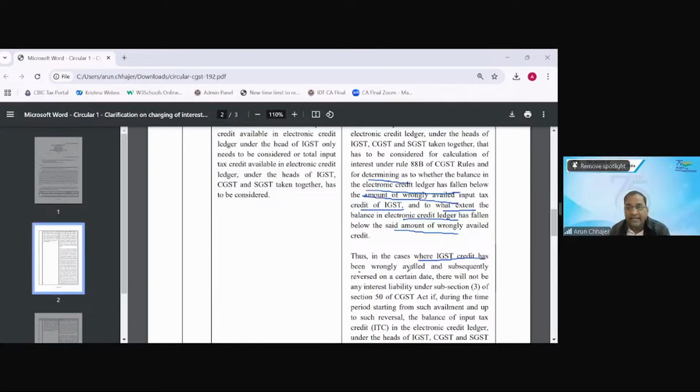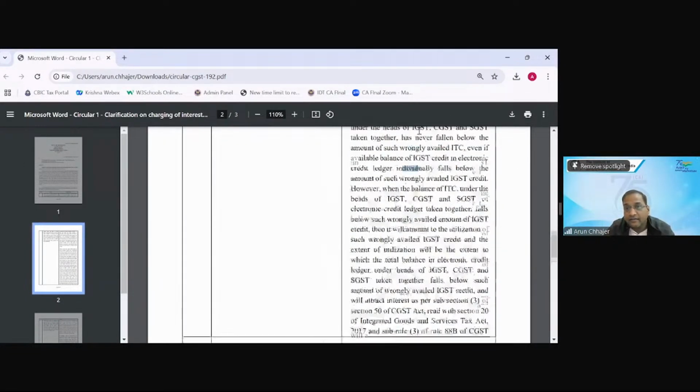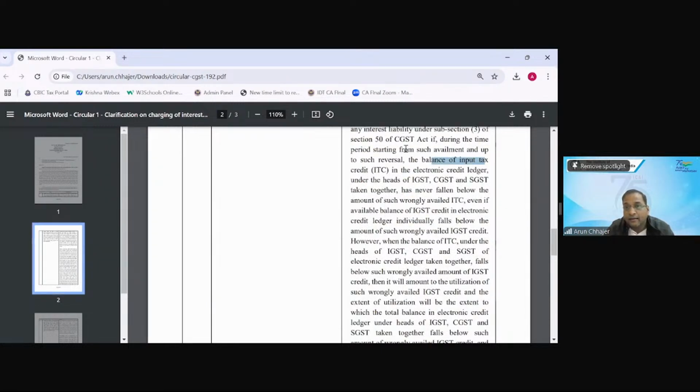Therefore, where IGST credit has been wrongly availed and subsequently reversed on a certain date, there will not be any interest under 50 subsection 3 if during the time period starting from such availment and up to such reversal, the balance in IGST, CGST and SGST taken together has never fallen below the amount of the wrongly availed.